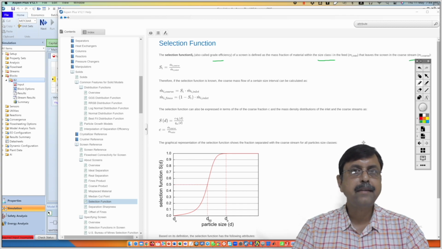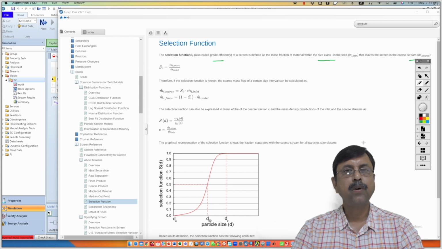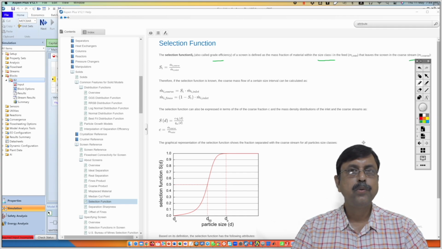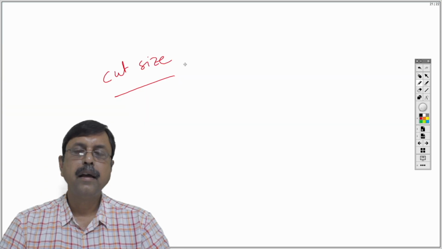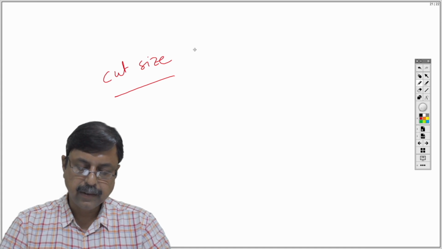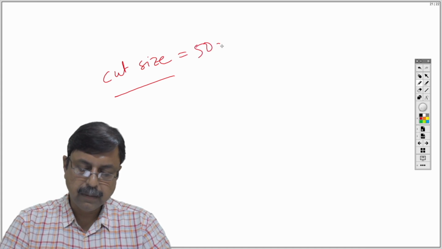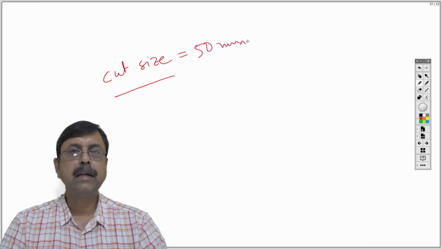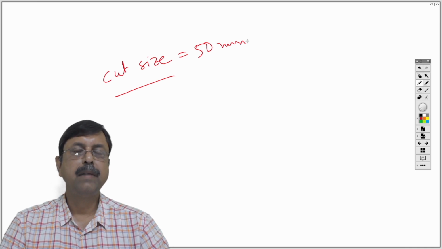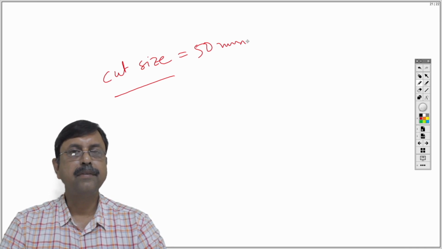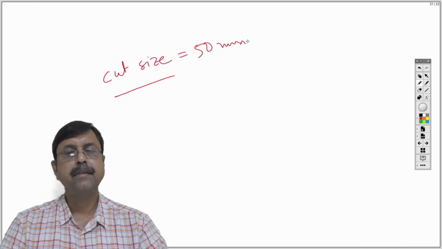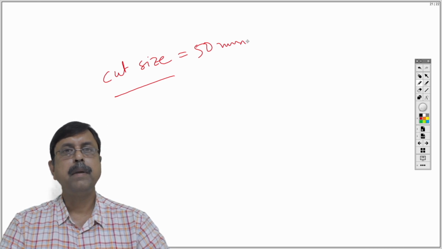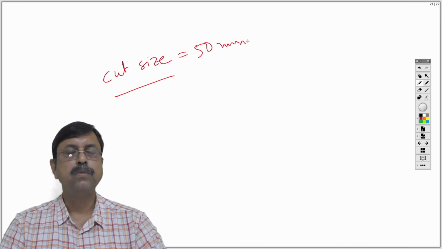So for any screen, there will be a coarse flow and fine flow, which we also call overflow and underflow. And it depends upon the cut size. Now, what is cut size? Suppose cut size is 50 millimeter. That means you want any particle below 50 millimeter to pass as underflow of the mesh, and any particle over the size 50 millimeter should be going through overflow or overstream.